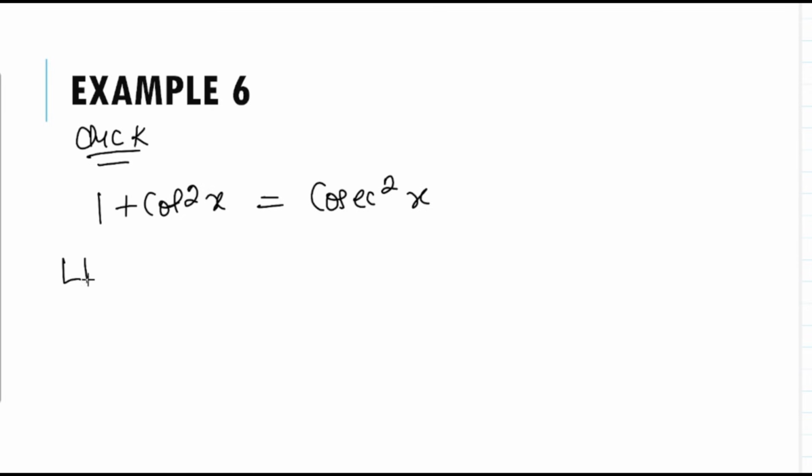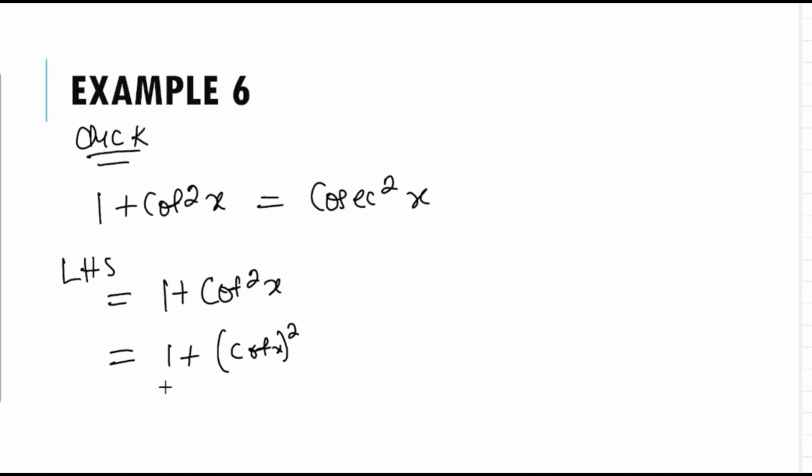From the left hand side, we have 1 plus cot square x, which equals 1 plus, applying the power identity, cot x all squared, which is equal to 1 plus, changing it, cos x all over sine x, squared.